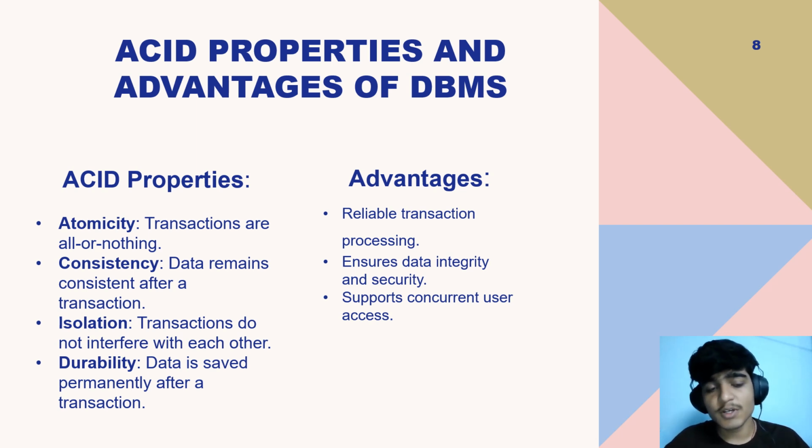This also improves data integrity and ensures the security of the data. Then durability. It is durable. It can be used in long term uses and it is reliable. That's why DBMS follows the ACID properties.